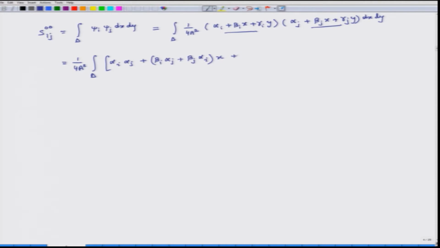Next 2 terms will involve y: gamma I alpha j plus gamma j alpha I, times y. Then we will have a bilinear term involving x y. What will be those? Beta I gamma j plus beta j gamma I, times x y.